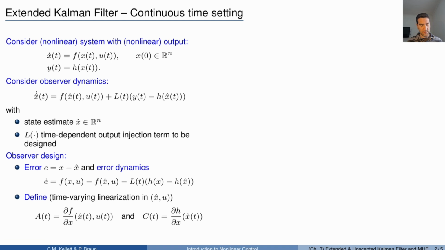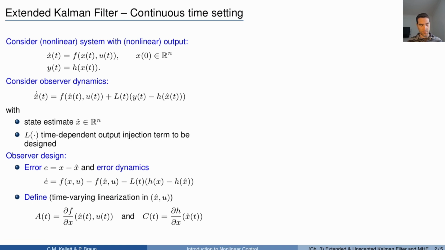But we now realize that we are unable to get rid of the variables x and x hat here. In the linear system setting we were able to rewrite this right hand side such that we only had e and u on the right hand side, but it was not dependent on x and x hat.